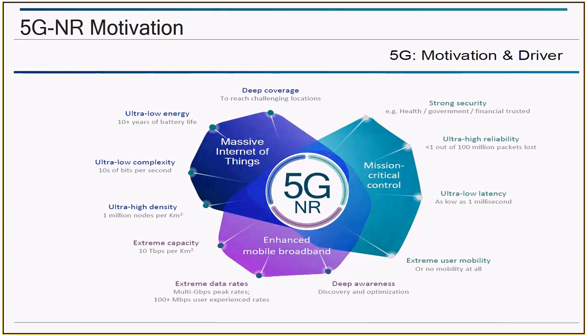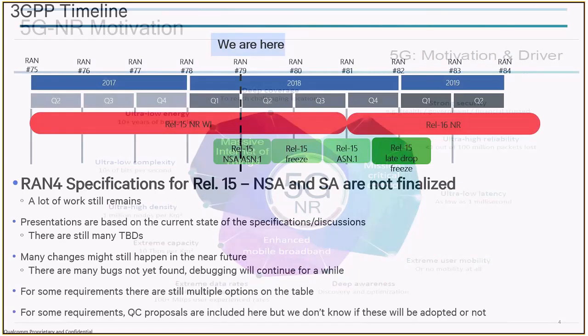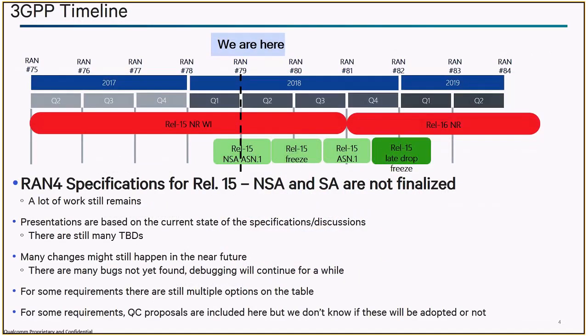So from a 3GPP point of view, 3GPP started with a goal of having release 15 non-standalone. We would come to what I mean by non-standalone and standalone in 3 or 4 more slides. But non-standalone release 15 spec was to be made available by June 2018.